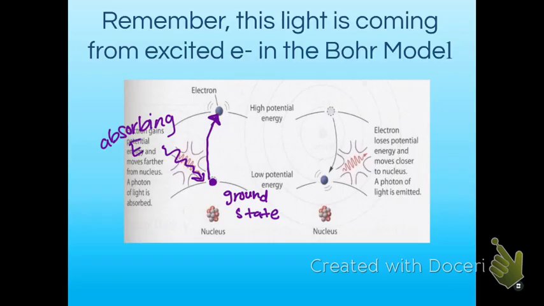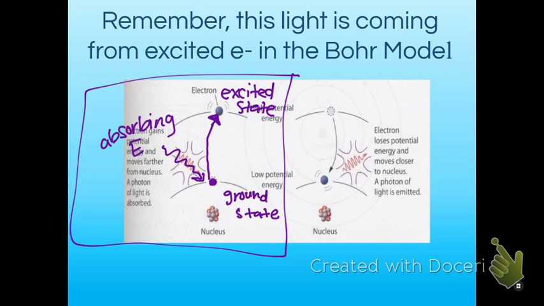And when it does that and it jumps up to the next shell, we call that the what state? Very good. This is not what we're seeing, okay? We do not see energy that's getting absorbed. We see it when it falls back down, and this energy is what? Released, okay?